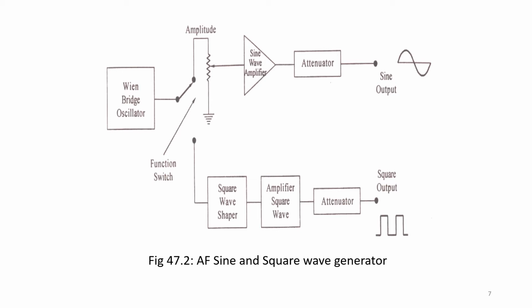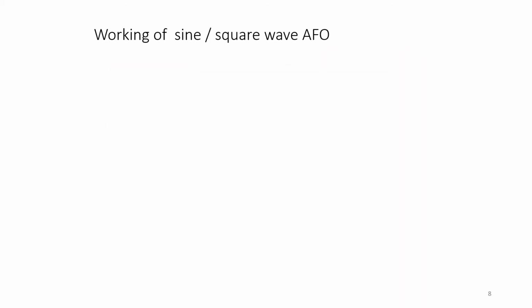After the square wave is generated, an amplifier is used to amplify the signal. Then, as usual, an attenuator attenuates the signal depending upon the requirement. We get the output. So this is the block diagram of a basic audio frequency oscillator.